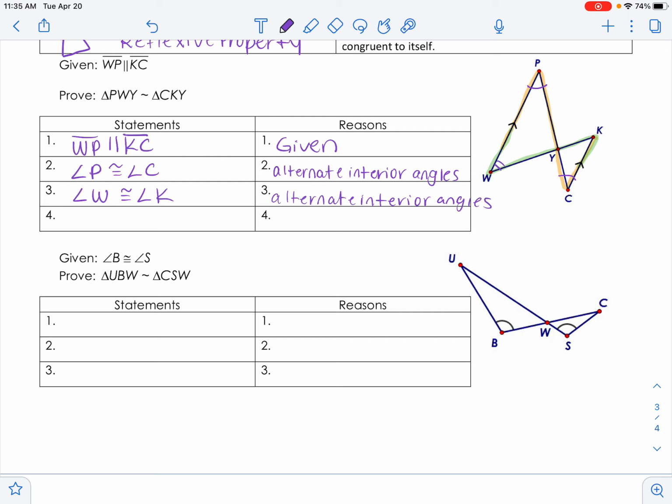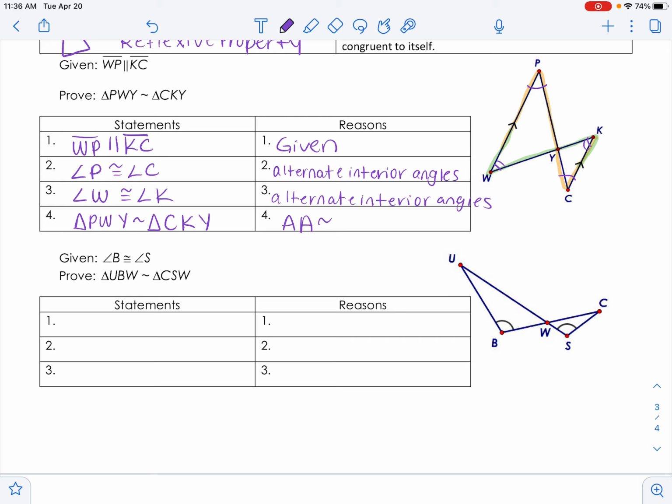And I can mark those as well. Now, what we've shown in line 2 and line 3 are two pairs of congruent angles. That's enough to prove what we wanted to prove, that triangle PWY is similar to triangle CKY, the reason being angle-angle similarity.